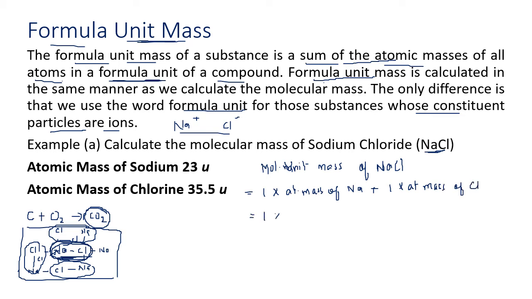That is 1 into 23 plus 1 into 35.5. So 23 plus 35.5 equal to 58.5 units. 58.5 units is the molecular mass of NaCl.